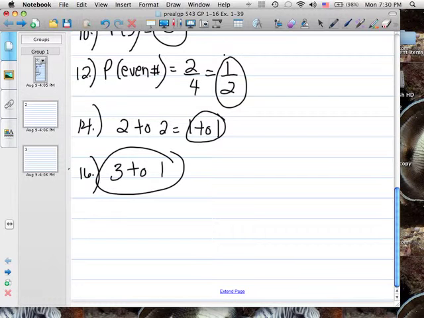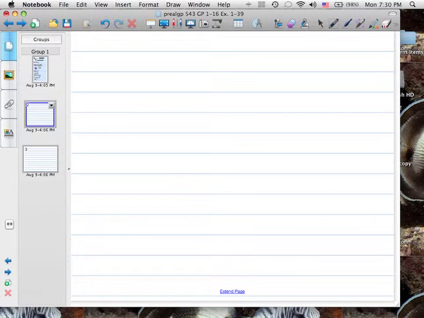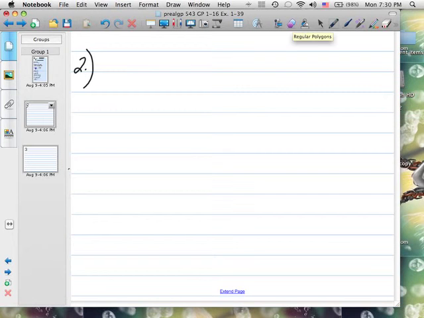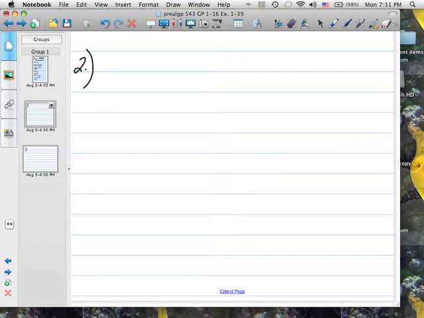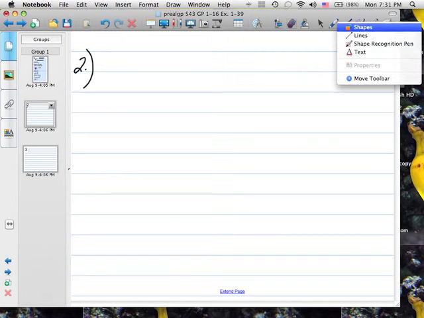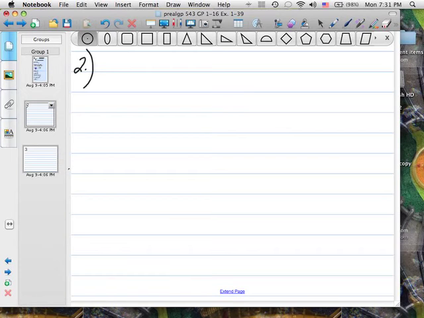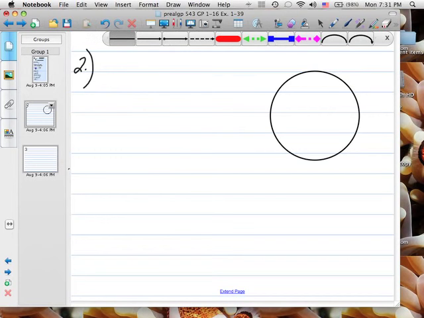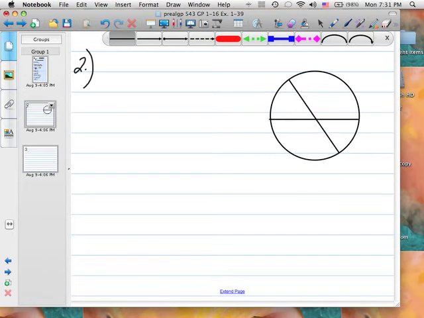Now we're on the exercises. Number 2, the directions are use the spinner at the right, find each probability. So we have this spinner, and these are supposed to be equally likely.